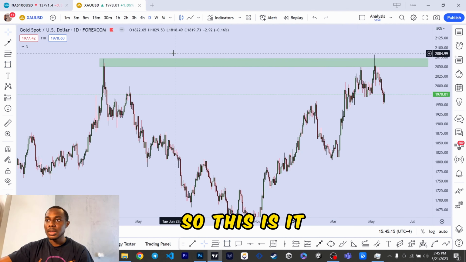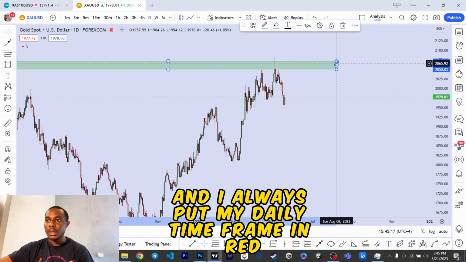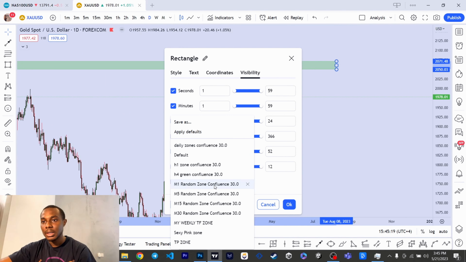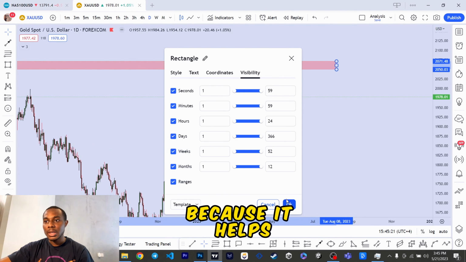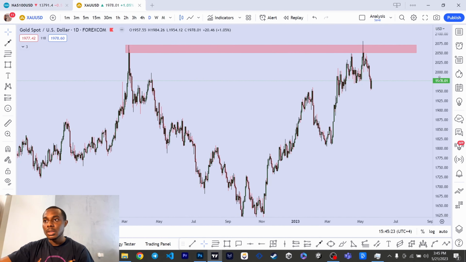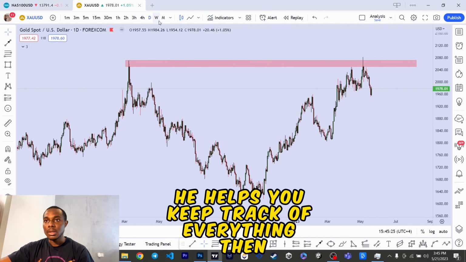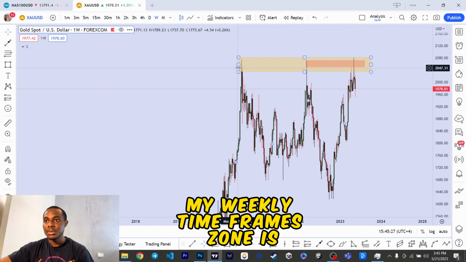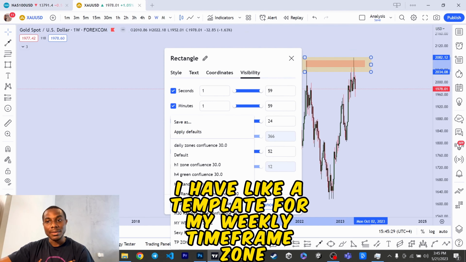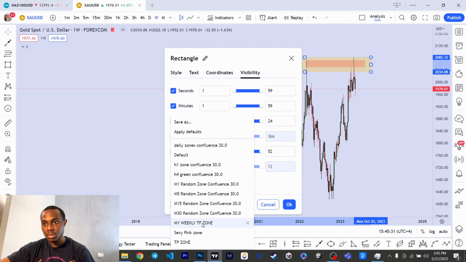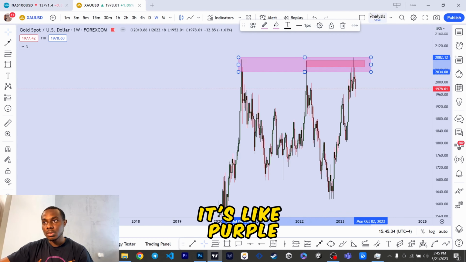So this is it, and I always put my daily time frame in red because it helps you keep track of everything. My weekly time frame zone, I have a template for it. It's purple.